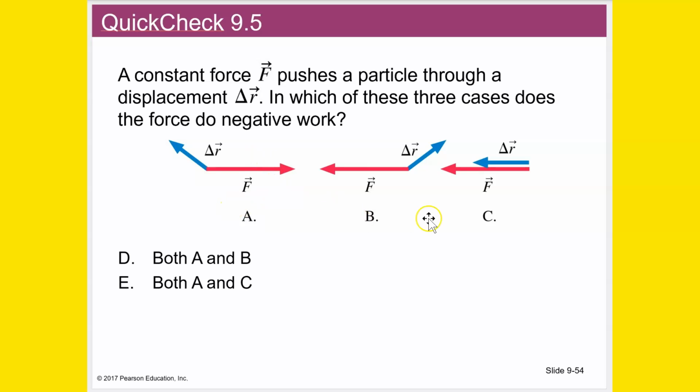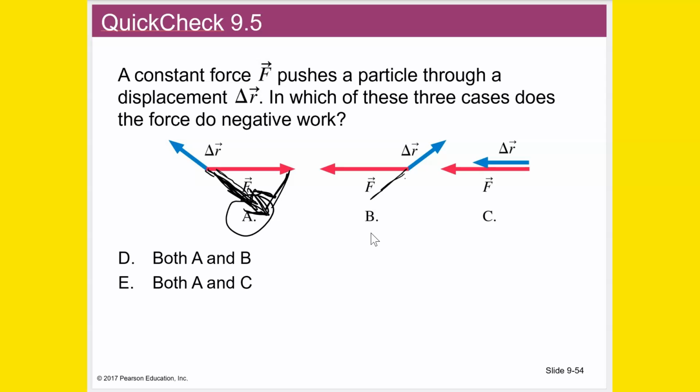All right, choice A, choice B, choice C, choice D, or choice E. Okay, here the force is, if we think about it like this, this is the component of force that is doing any work on that. And so it's pointing in the opposite direction of delta R. So A is definitely doing negative work.